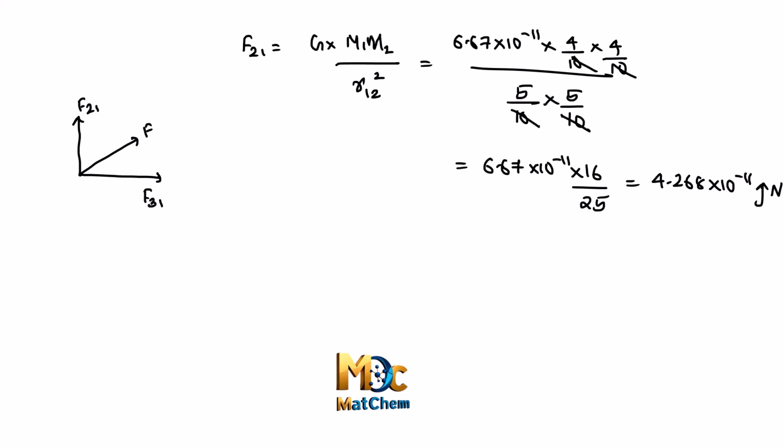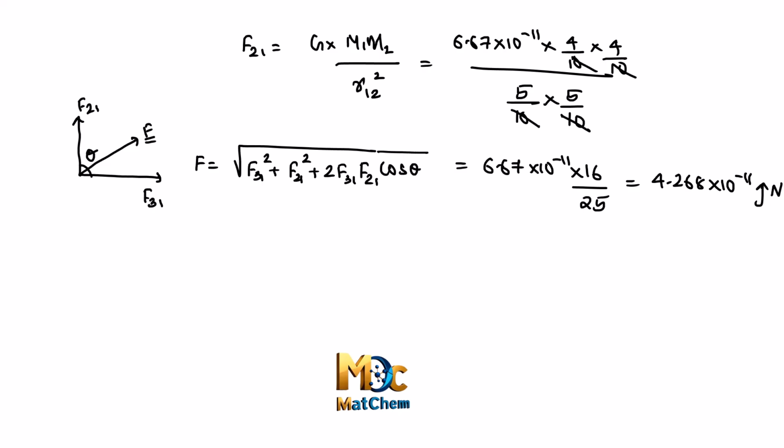Assume that theta is the angle between F31 and F21. The resulting vector F can be calculated as square root of F31 square plus F21 square plus 2 F31 into F21 into cos theta.